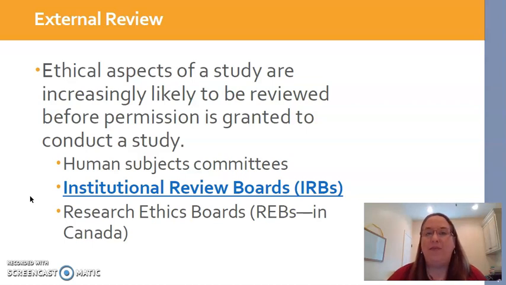A second step that pretty much every study you're going to read about has is an institutional review board or some kind of external check and balance to make sure that the researchers have fully done everything they possibly could to protect the human rights of the participants in their studies. In the United States, we typically call them IRBs, institutional review boards.